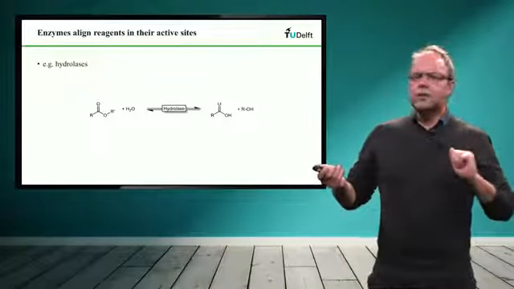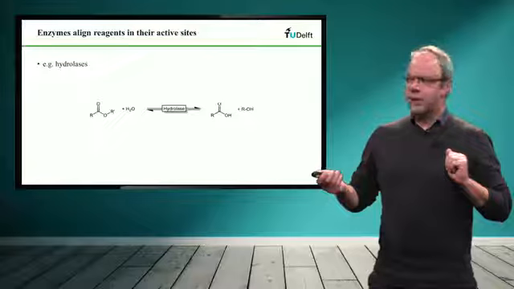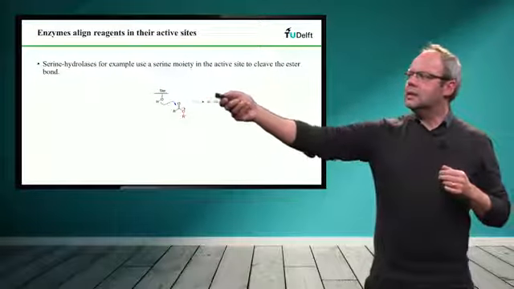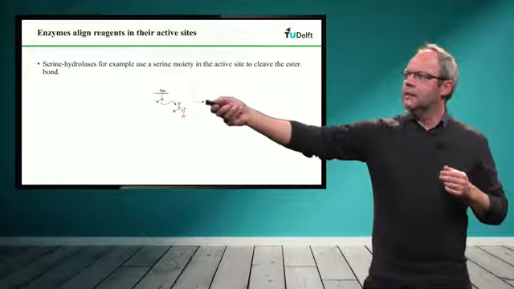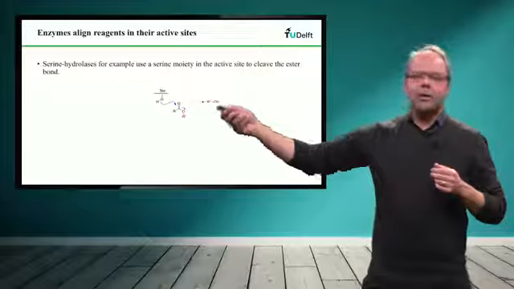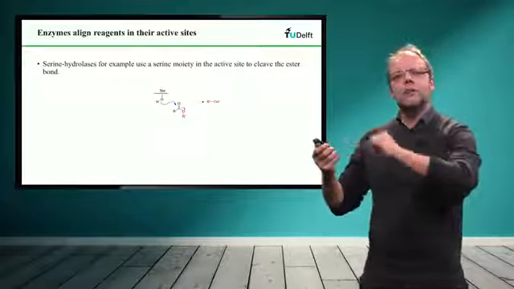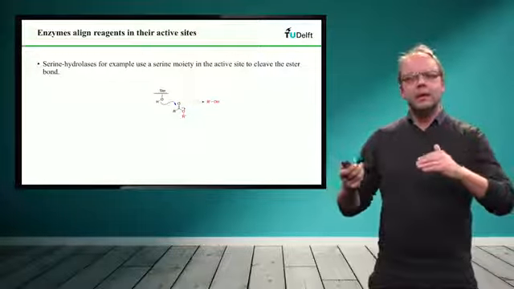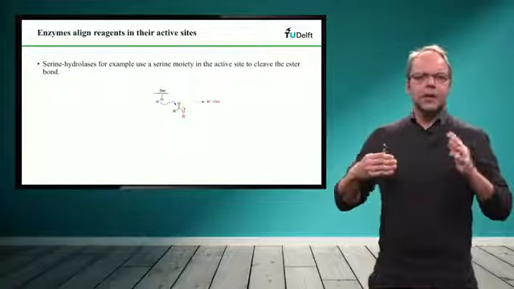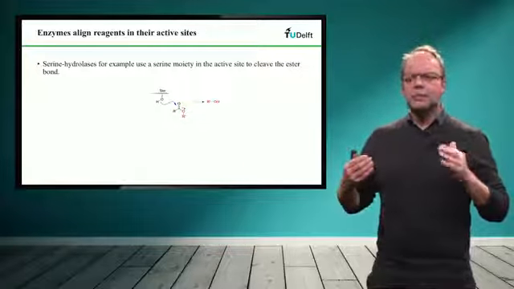But how do these enzymes do this reaction? Well, the strategy is they use a so-called catalytic serine that you see up here. This is basically an alcohol, and this alcohol attacks the carboxylate group and throws out the alcohol group and makes a new ester between the acid group and the enzyme. So this is the catalytic strategy.